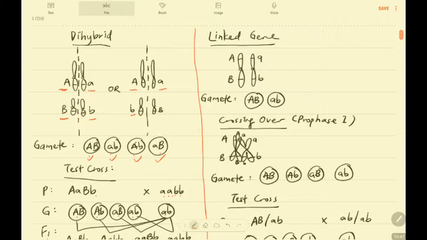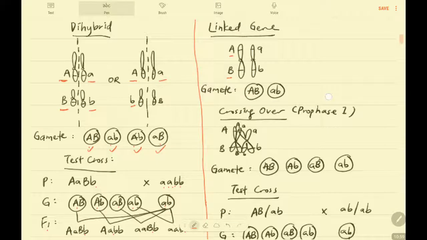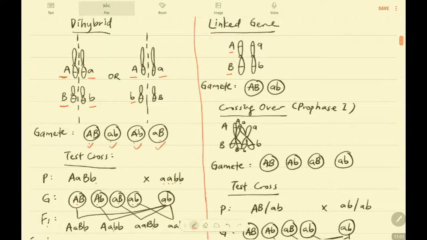So what's the difference with the linked gene test cross? Linked genes, like I said just now, also consist of 2 genes, but both are located on the same chromosome. Without crossing over, they form only 2 possibilities of gametes, big A, big B, or small a, small b.